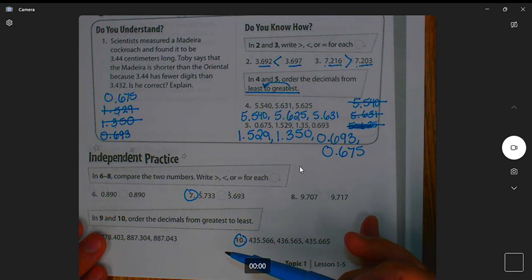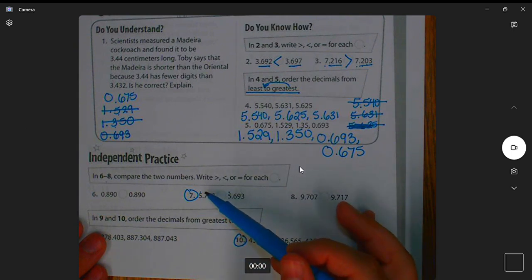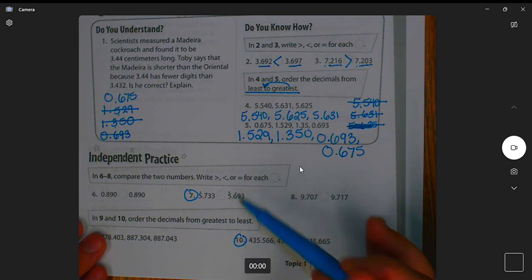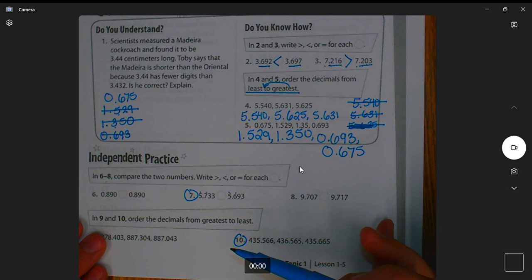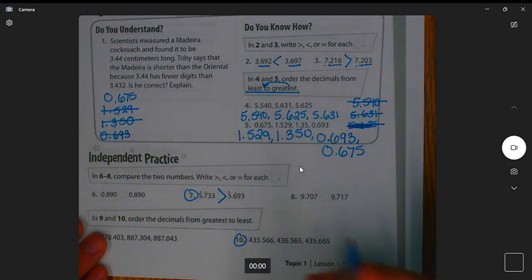Scoot it on over to the next position, to the tenths. Do they match? Which one? You're right. 7 is greater than 3, so 5 and 733 thousandths is greater than 5 and 693 thousandths.